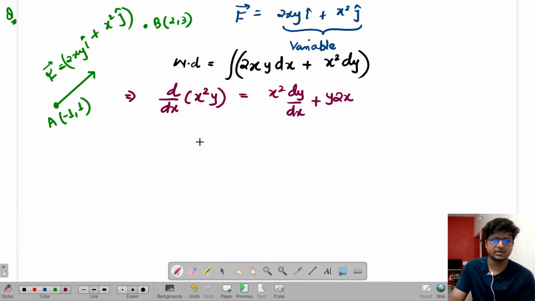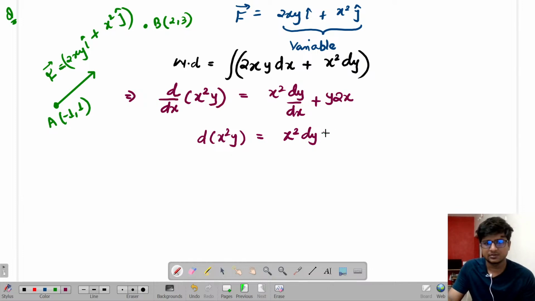Now look over here. Can I just write this as what? d of x square y is equal to what? Basically, if I send the denominator dx along to the right hand side, what I got? x square dy, because this dx and this dx will cancel, plus 2yx dx, or 2xy dx.